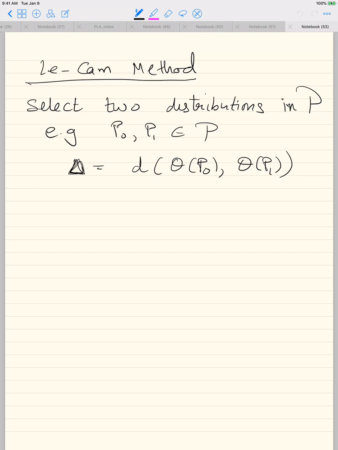So this is what delta is going to be. We want delta to be the distance between P0 and P1 for the parameter of interest.